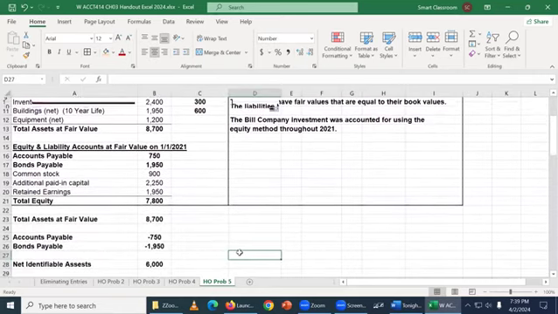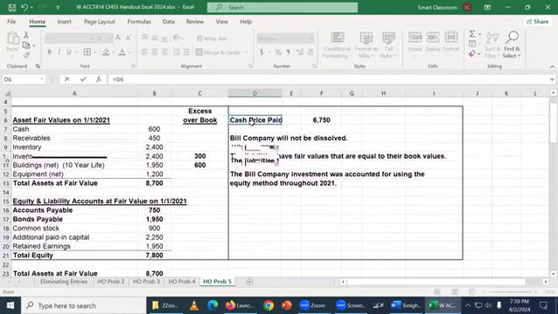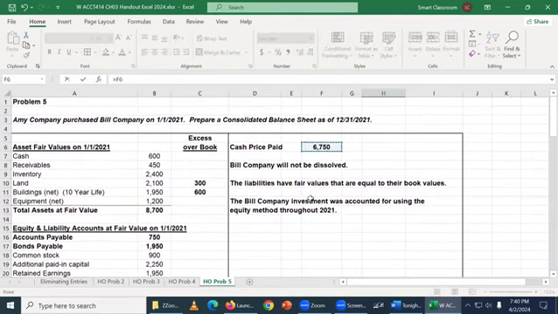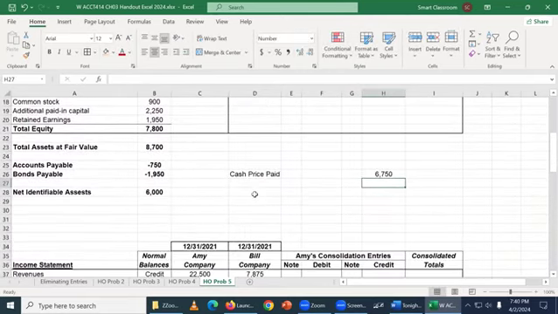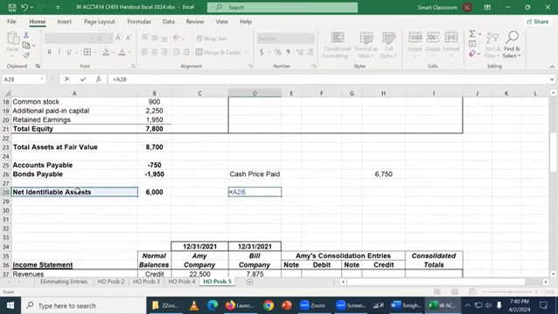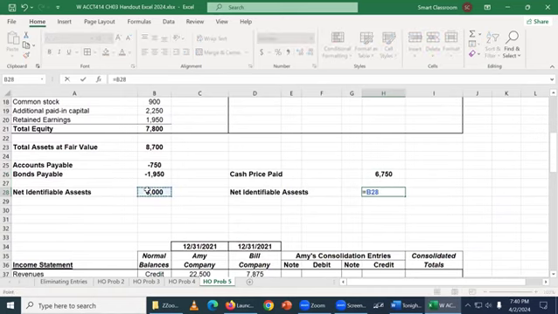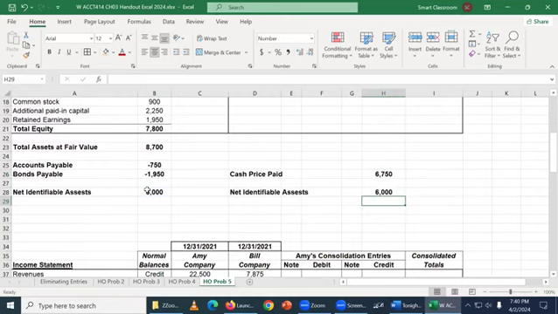Okay, cash price paid. All right, so goodwill, what, 750?